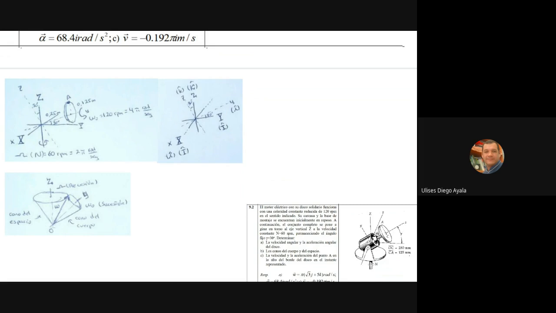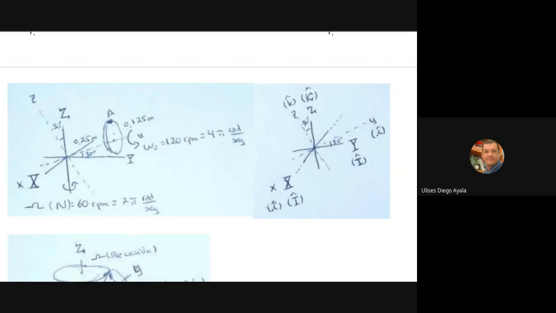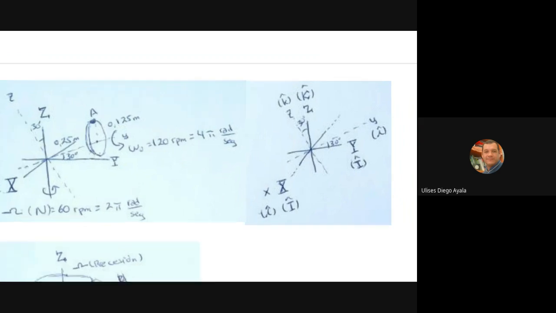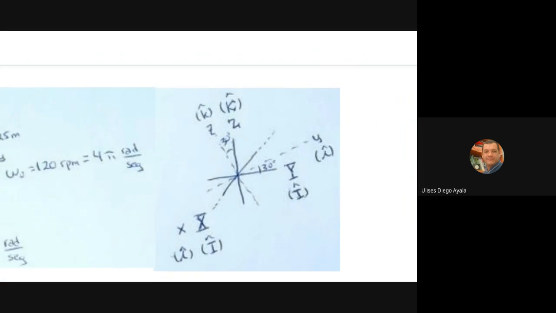Okay, so one of the first things that you should do is your own drawings about how you understand this. This is how I did it. And I set the axes as I wanted. In this case, I decided to make the main ones in capital letters, the mayúscula. You have this angle rotated 30 degrees.